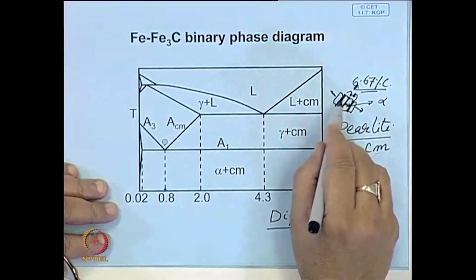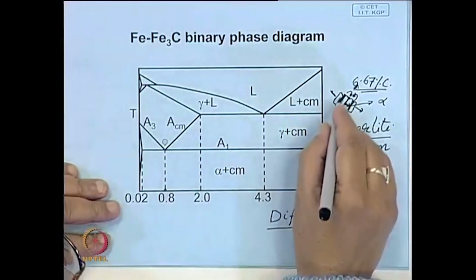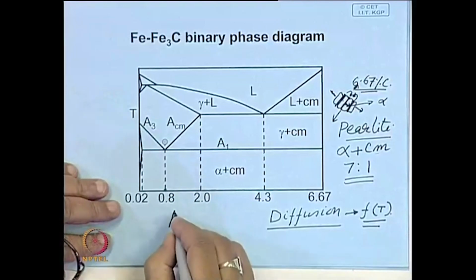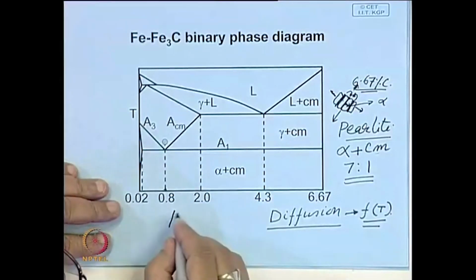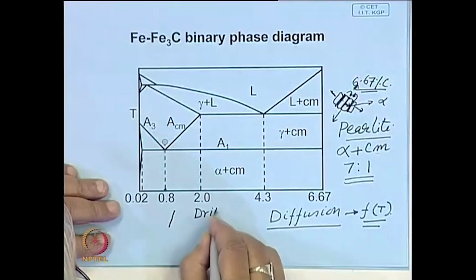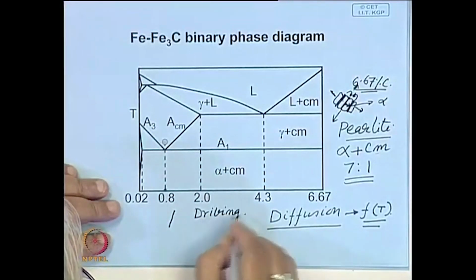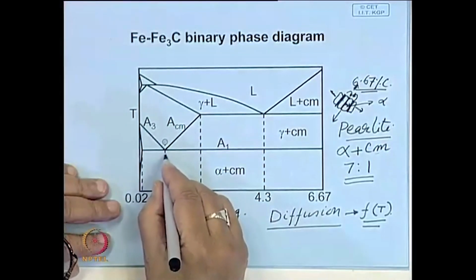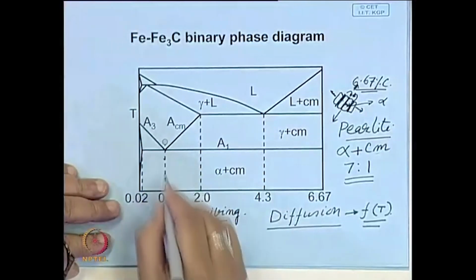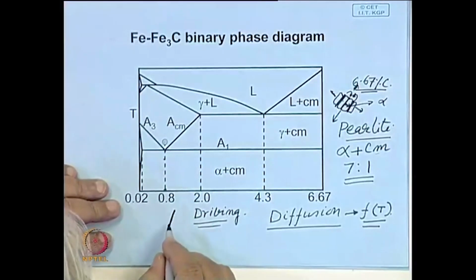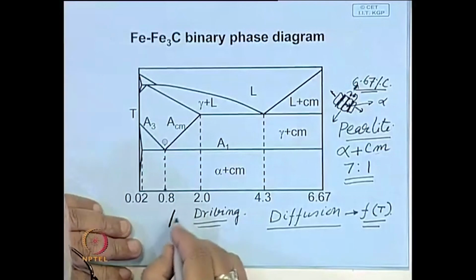But we also need to provide another activation, that means when a cementite plate forms, it creates a new surface. So, for that we need a driving force, and this driving force is provided by the degree of supercooling. If you cool more, then the driving force is higher. So, that means nucleation of this cementite particle will be faster.